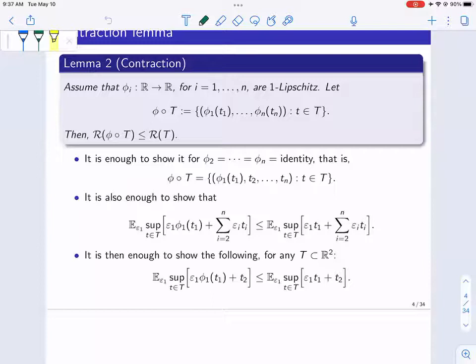If they're not 1-Lipschitz but L-Lipschitz, then you just pay a factor of L in front.